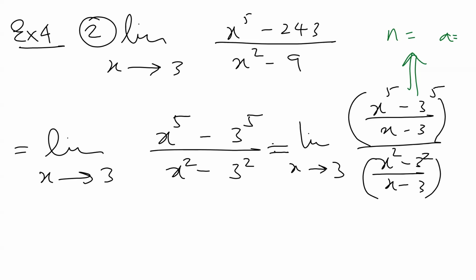Be quick, guys. What is n in the numerator? 4? N is 5. X raised to n minus a raised to n upon x minus a. Somebody was saying 4, now that thing is clear. Compare it with the formula.